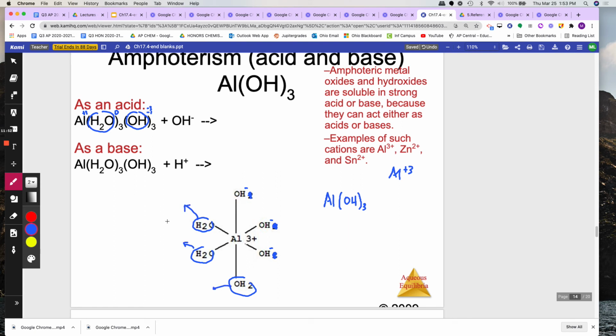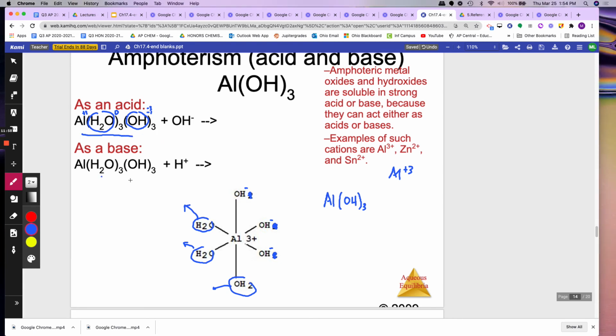So right now, this substance, aluminum hydroxide, is acting as an acid. It can also act as a base because all of these can take H pluses. So aluminum hydroxide can act as a base, and it can also act as an acid. And so it is amphoteric.